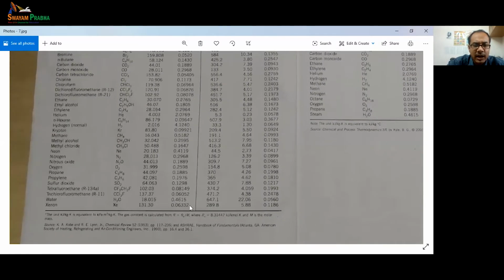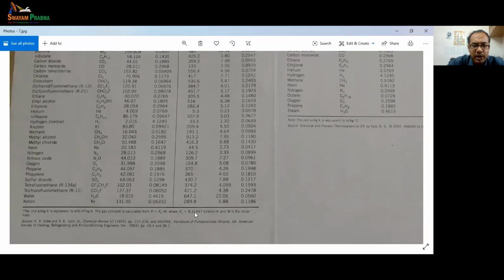What is the Ru? At the bottom of the table, you can see this Ru to be 8.31447 kilojoule per kilomole K. So please follow the cursor. You can see here that universal gas constant value.